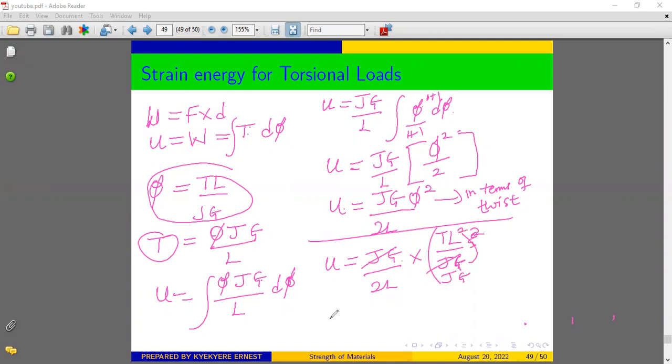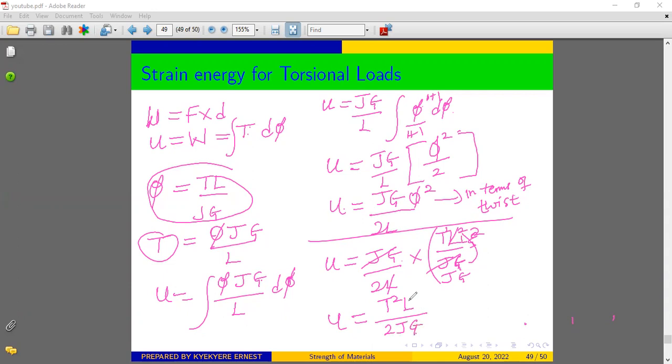So it means that from there, our U, which is the strain energy or the work done in deforming the material, or the energy stored in deforming the material, will be equal to T squared L squared over 2GJ. But one of these L will take away one of these L. So we will be left with T squared L over 2GJ.